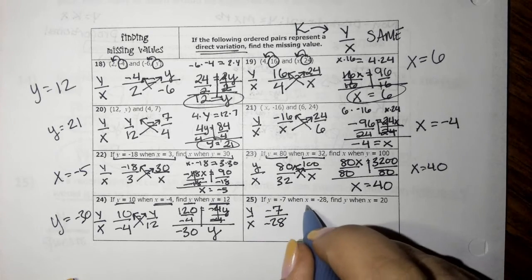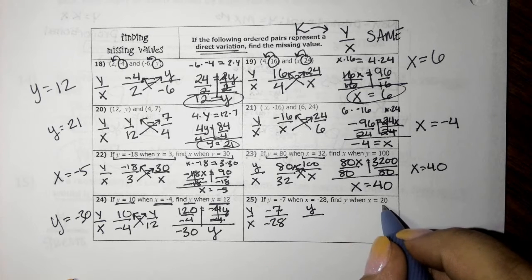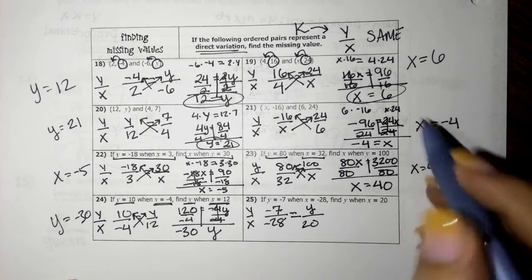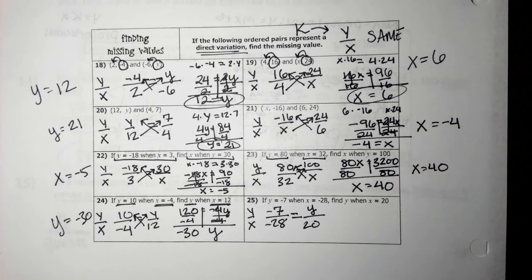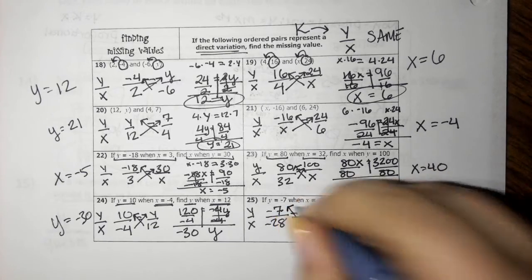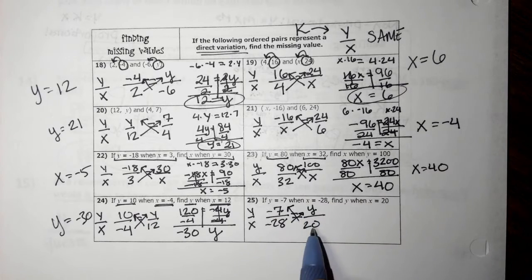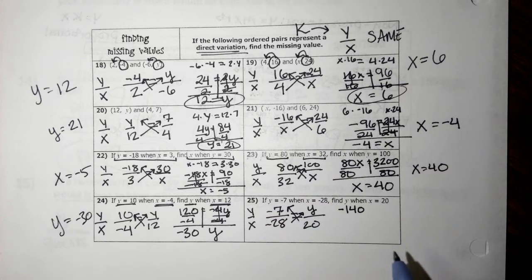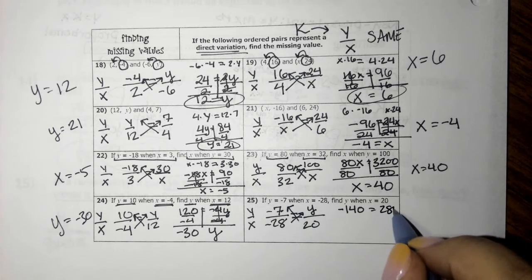I want to know what y is whenever x is 20. I know these are the same because this is direct variation. Now I can solve this proportion by cross multiplying. 20 times negative 7 is negative 140, and 28 times y is 28y.